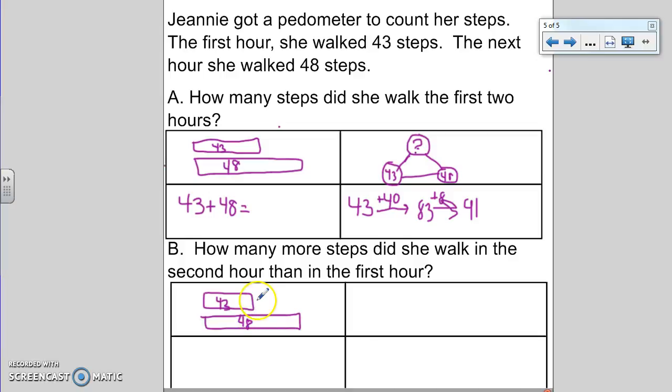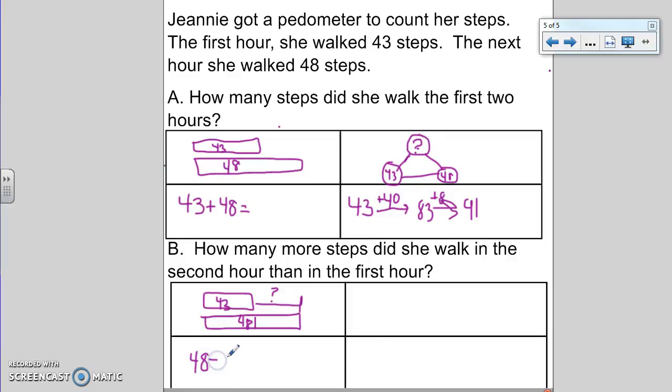You are trying to find out the more part, which is this part right here. How much more she walked that second hour. This part right here. So to find that, we can write a subtraction equation.